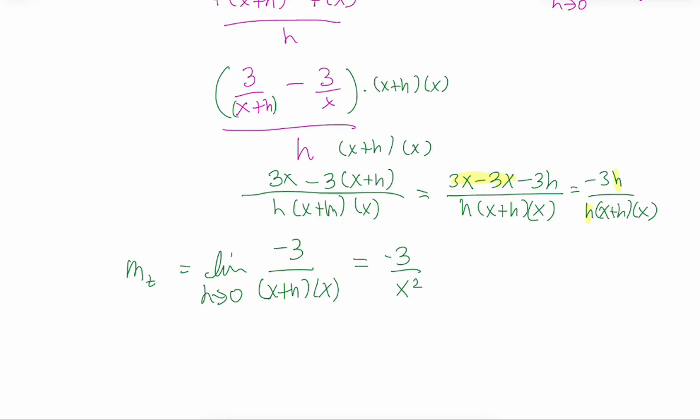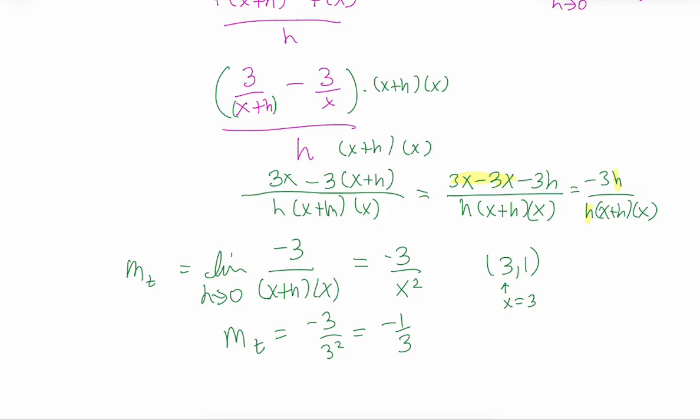So we get like a little formula for the slope of our tangent. Now earlier they said we were at the point 3, 1. So our x value is 3. So the slope of our tangent is just going to be negative 3 over 3 squared, or negative 1/3. So that would be negative 3 over 9, which is negative 1/3.